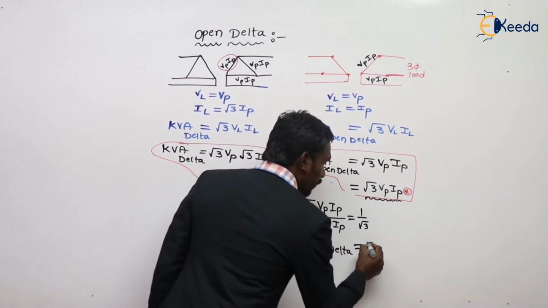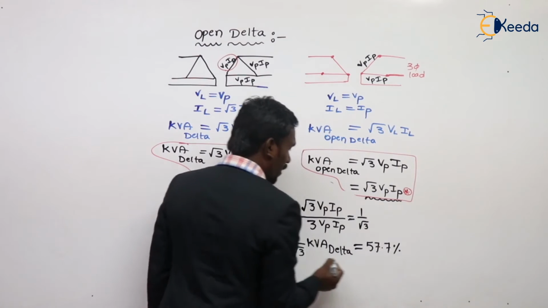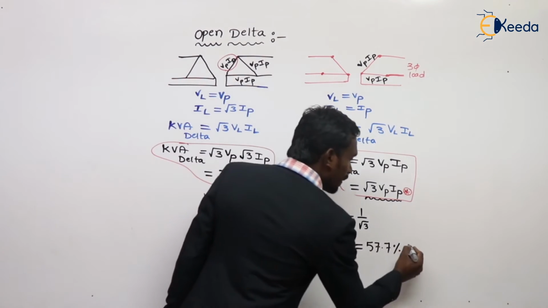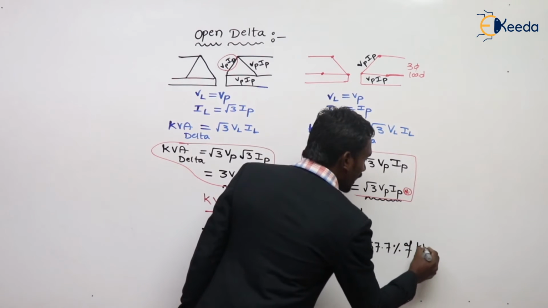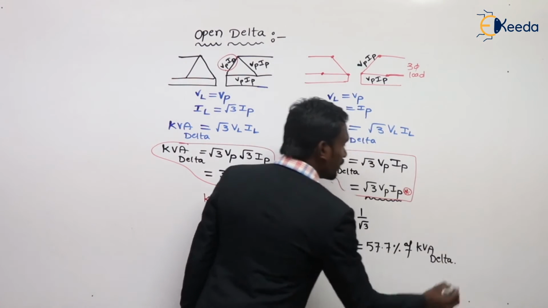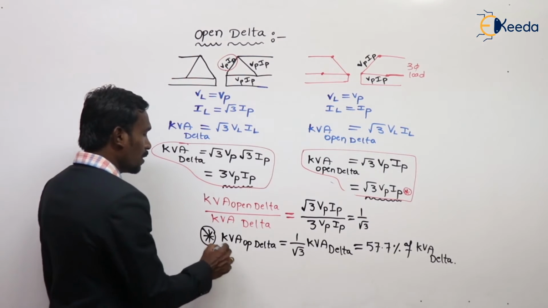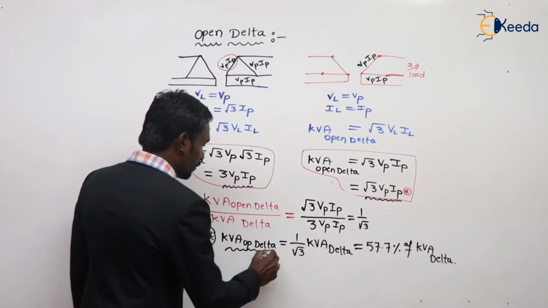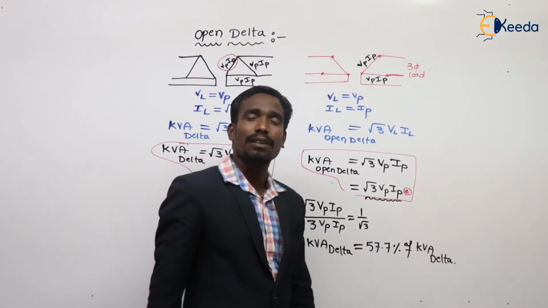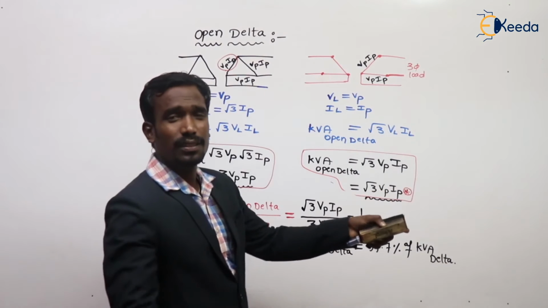Nothing but 1 by root 3, which is 57.7% of the kVA rating of delta. The load shared by the open delta transformer is only 57.7% of the kVA of delta. This is important.